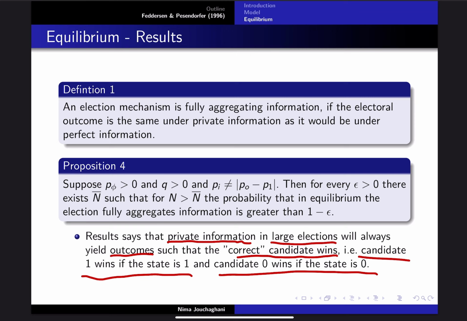Basically this is saying that independent of whether there is private information or perfect information, if we have large elections and we're using this election mechanism in the sense that the candidate with the most votes will win, then in both cases we will have an outcome where the correct candidate wins.